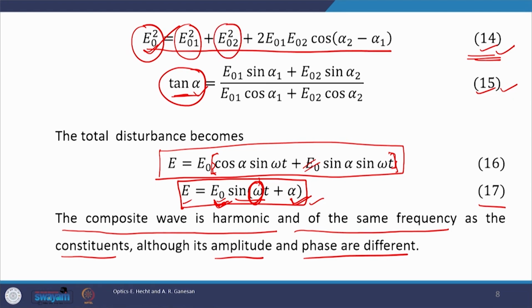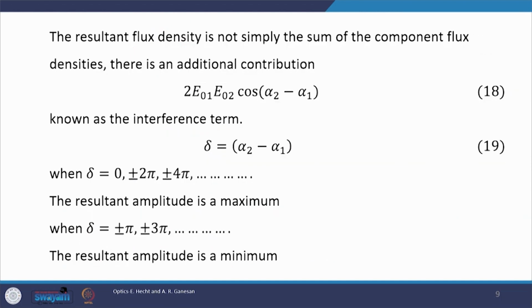But in addition to these two terms, we have this multiplication of E naught 1 and E naught 2, and this term is called interference term. This term gives rise to fluctuation in the resultant amplitude. Some sinusoidal variation will appear in the resultant amplitude or intensity due to this term, and therefore, this term is called interference term.